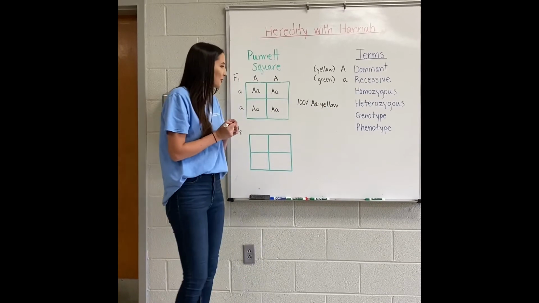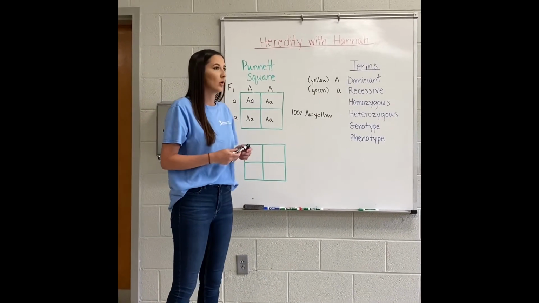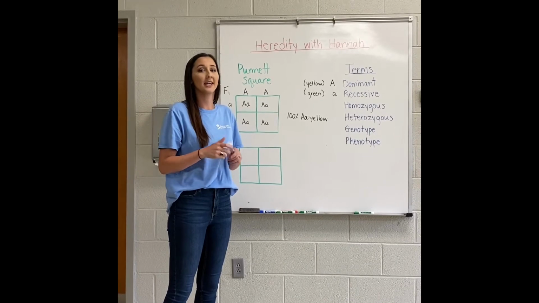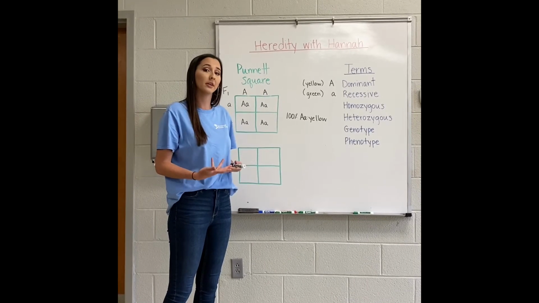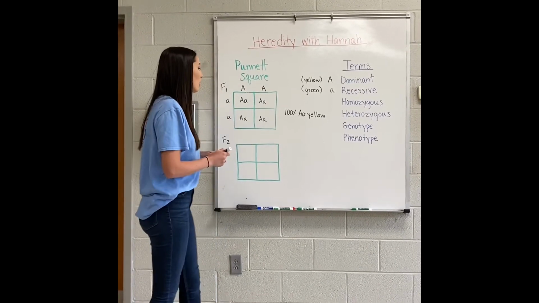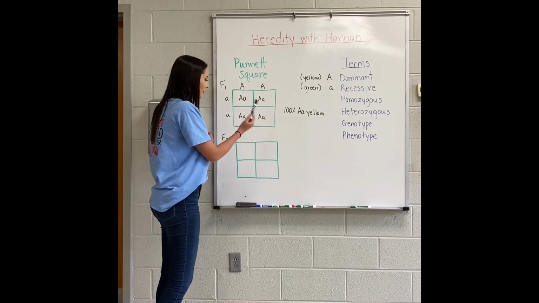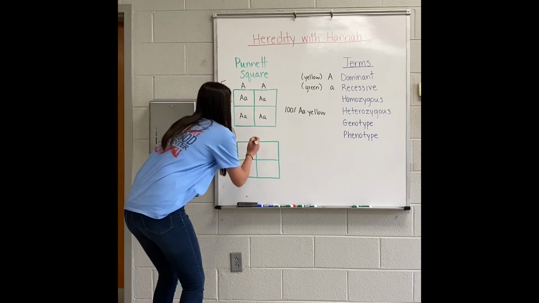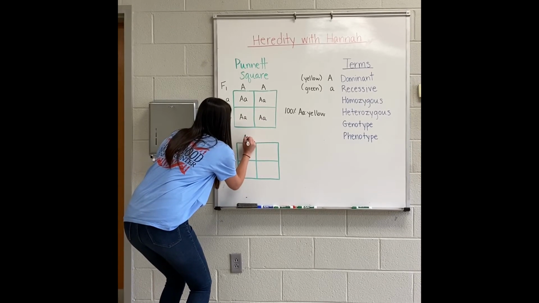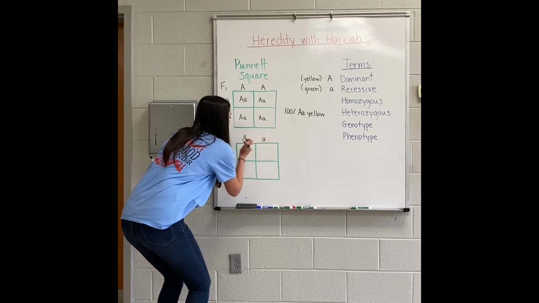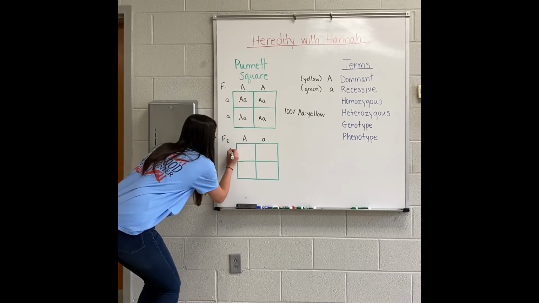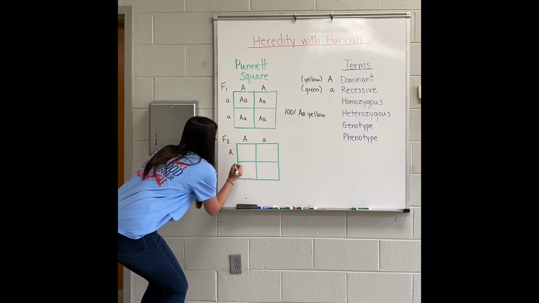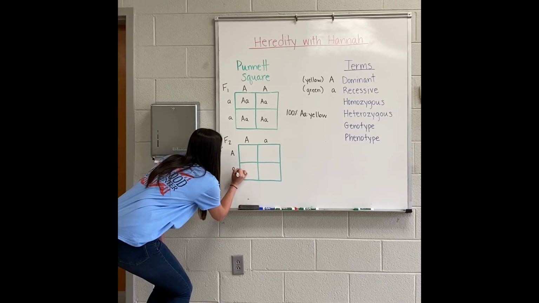All right, so let's say we wanted to find out what the next generation would be, what the probability of those plants would look like. So what we'll do is we'll take our generation above and we will cross them. So we'll do, remember, an uppercase A and a lowercase a, and then we'll cross that with another uppercase A and a lowercase a.